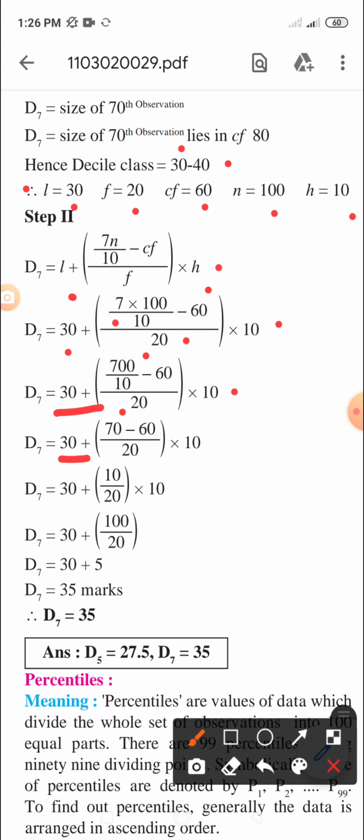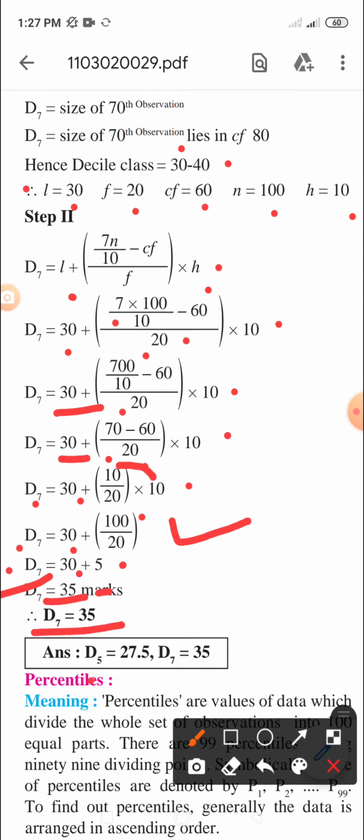So D7 is equal to 30 plus 70 minus 60, that is 10 upon 20, bracket complete, into 10. So D7 is equal to 30 plus 10 into 10, 100 upon 20. Next, D7 is equal to 30 plus 100 upon 20, that is 5. So D7 is equal to 35.